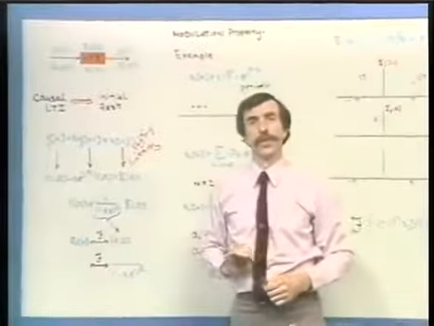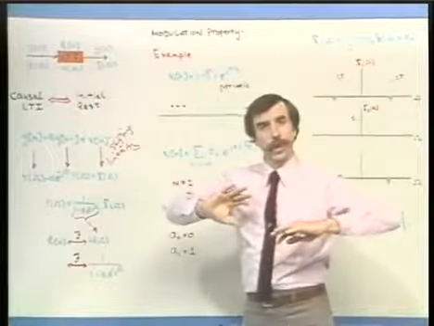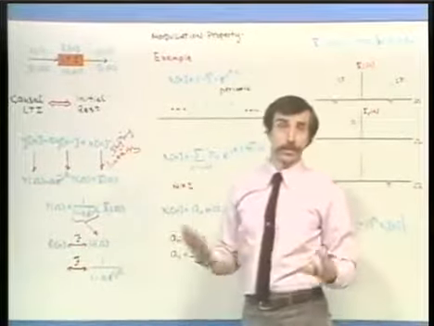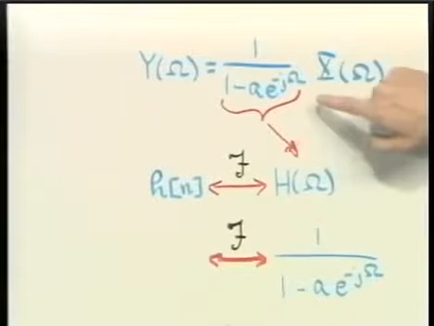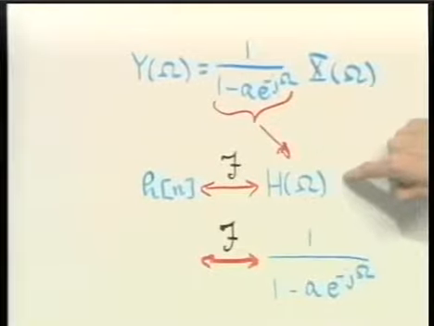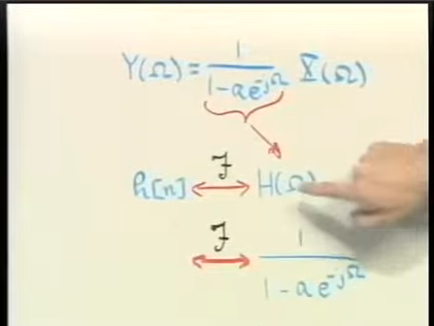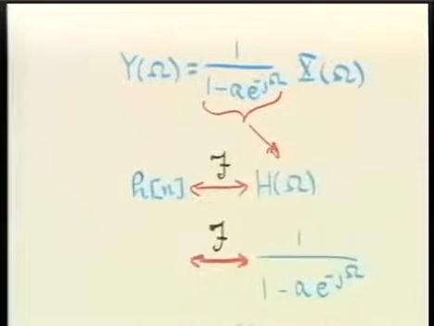So if we want to determine the impulse response of the system, having identified the frequency response, which is the Fourier transform of the impulse response, we now want to inverse transform to get the impulse response.